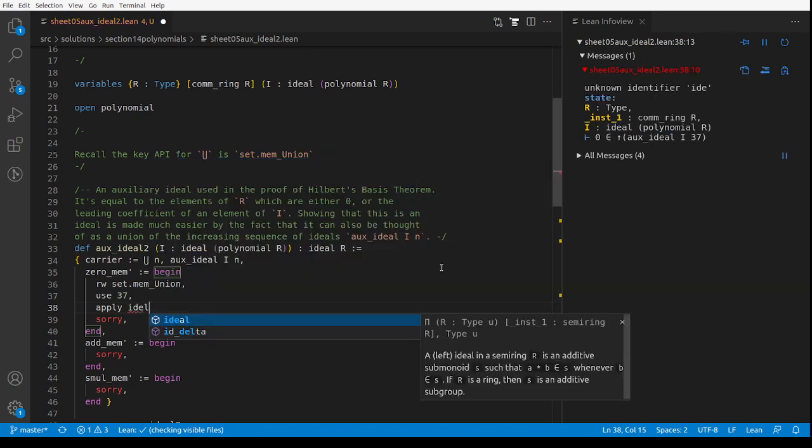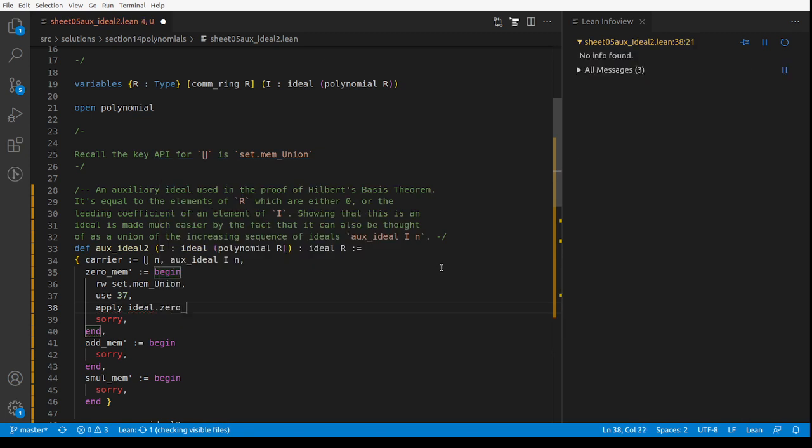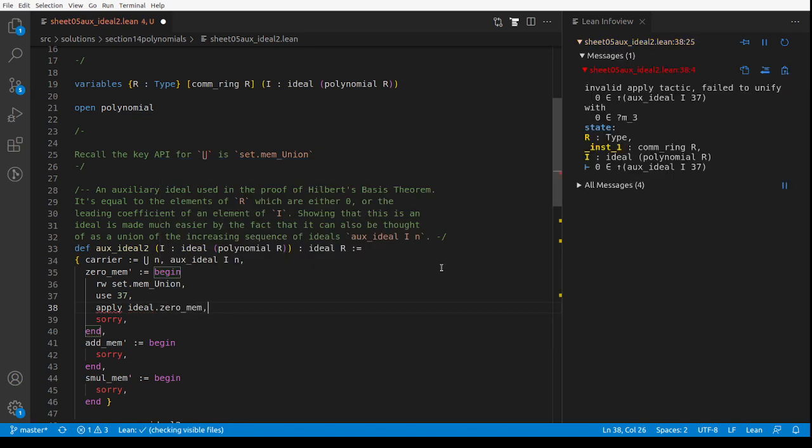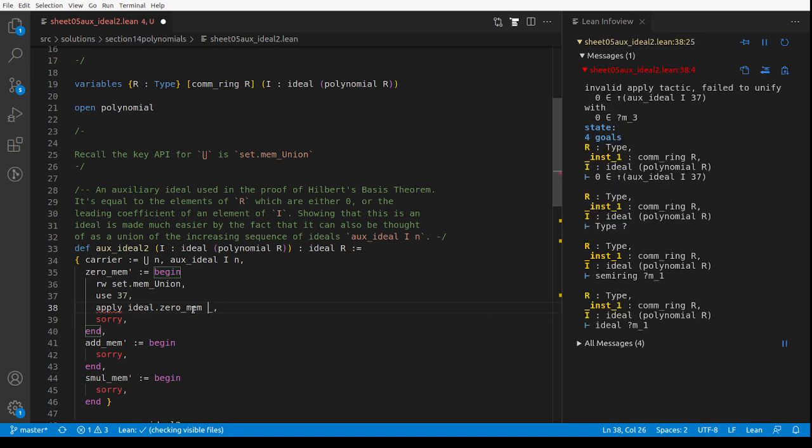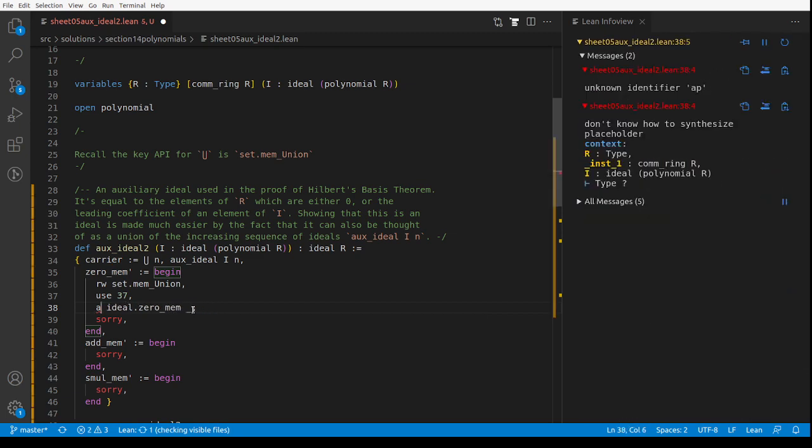So what would that be called? Ideal.zero_mem or something. No. Oh, maybe I have to say it's exact. I could call it this, and I could maybe give it exact. That'll maybe force Lean to unify.